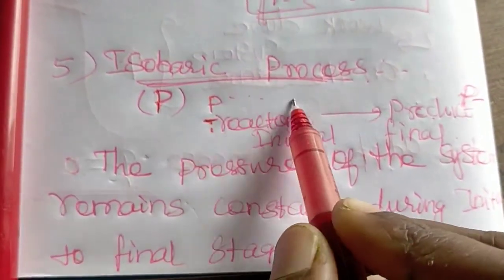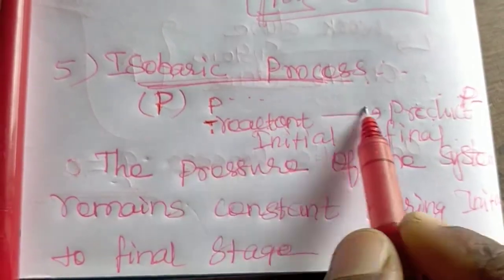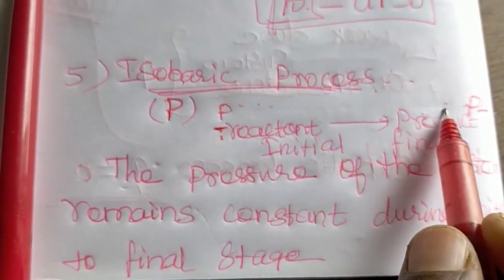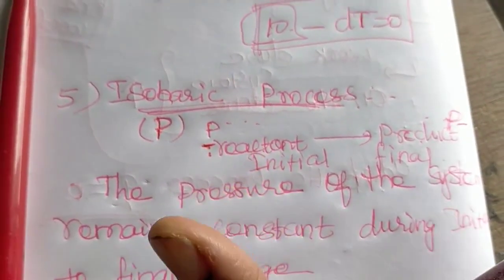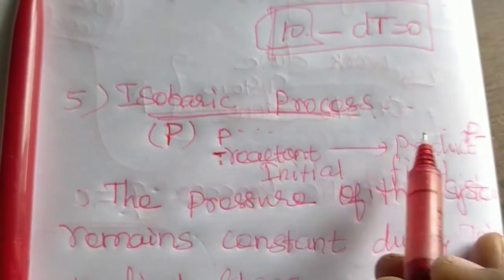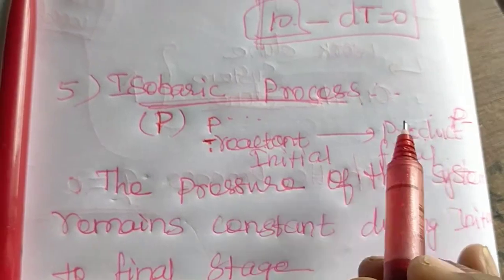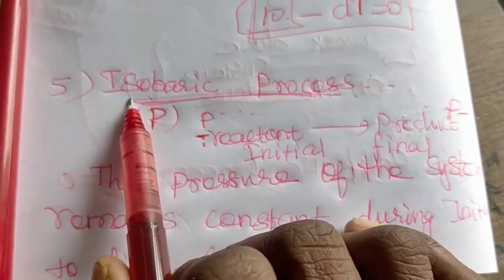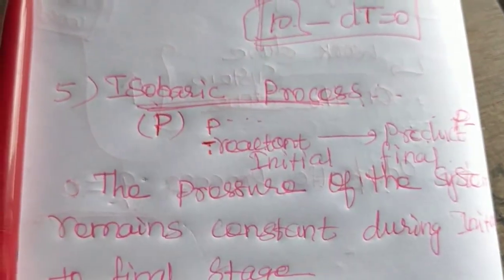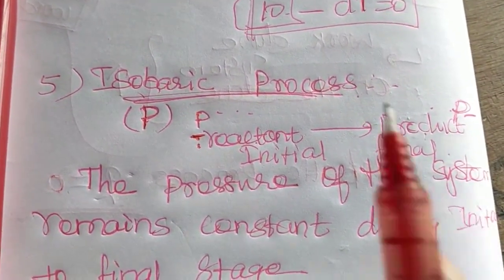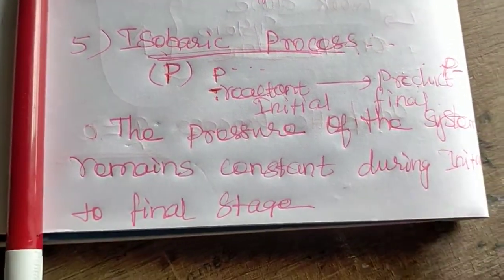If the pressure of the system is the same at all stages, then that process is an isobaric process. That process is named an isobaric process.